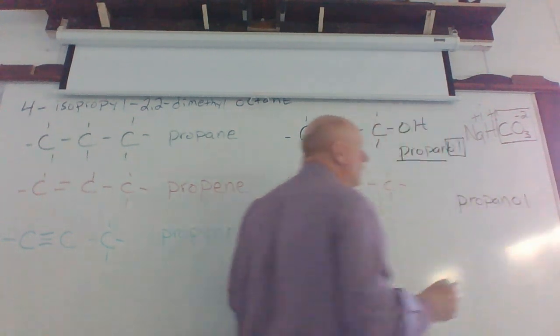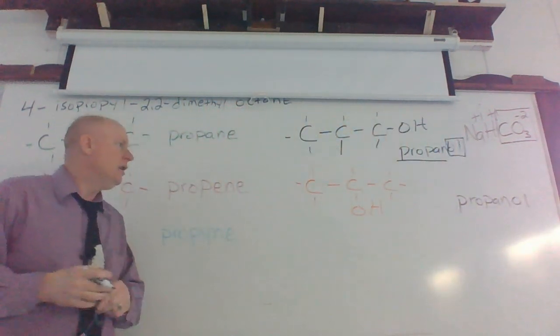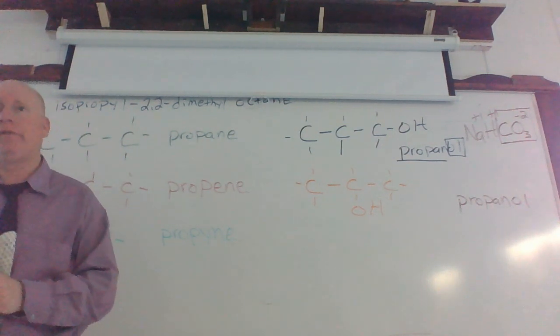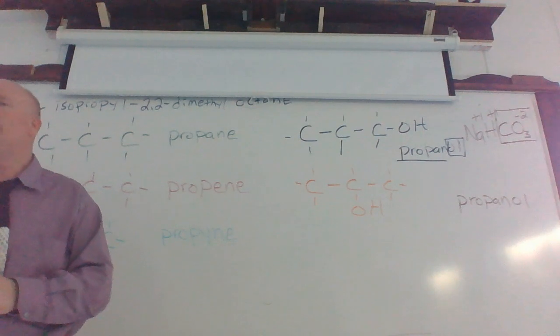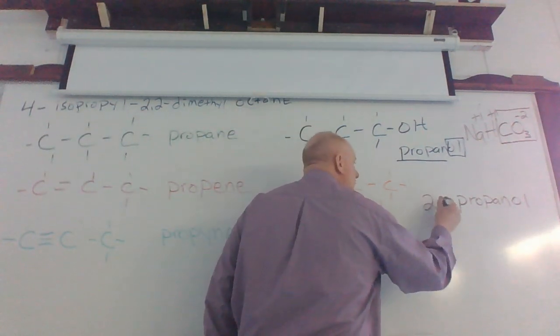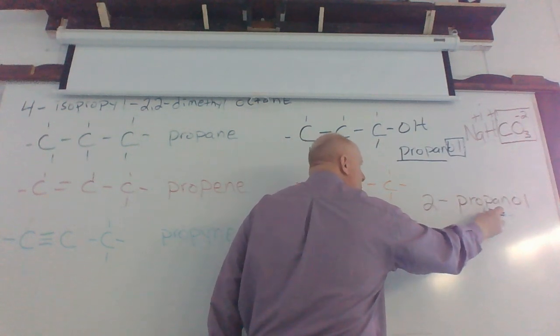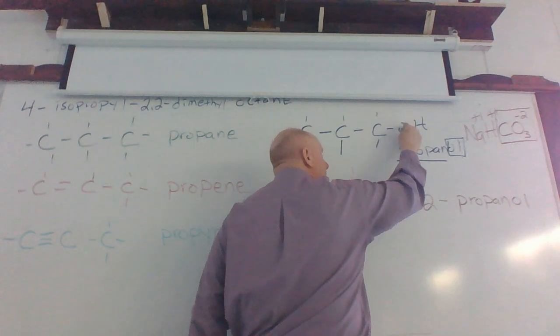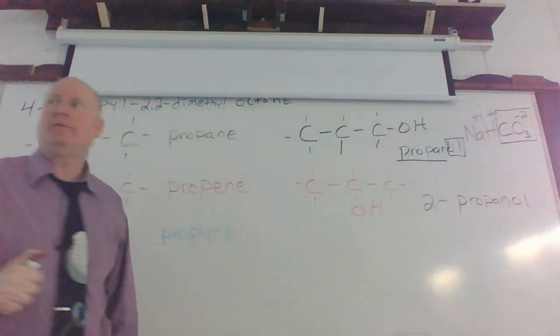And then the next thing we need to do is that hydroxy group or alcohol family on the first carbon? No, it's on the second one. So we need to say where it's at. Otherwise, if you just keep writing propanol, what you're saying is that OH group is on the first carbon.